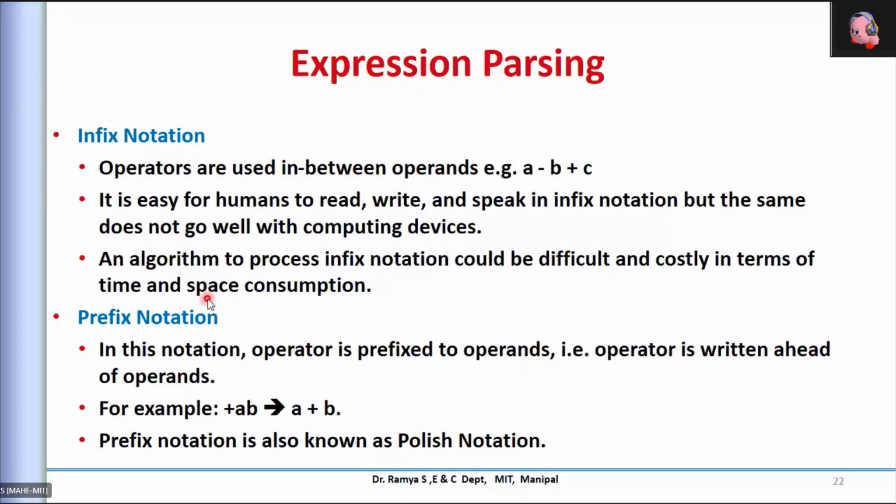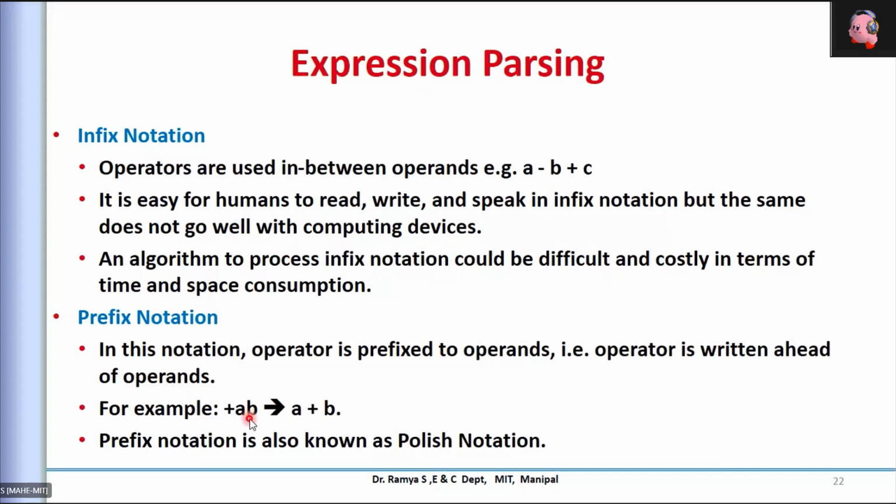Now what you can see, in this same example, if I take A plus B, this is represented in prefix like this. First will come an operator, then between what literals you want to carry out that operation, between what data type you want to carry out that operation. So first is the operator, then whatever operand is going to come further. Is it clear? So we'll see more on this.